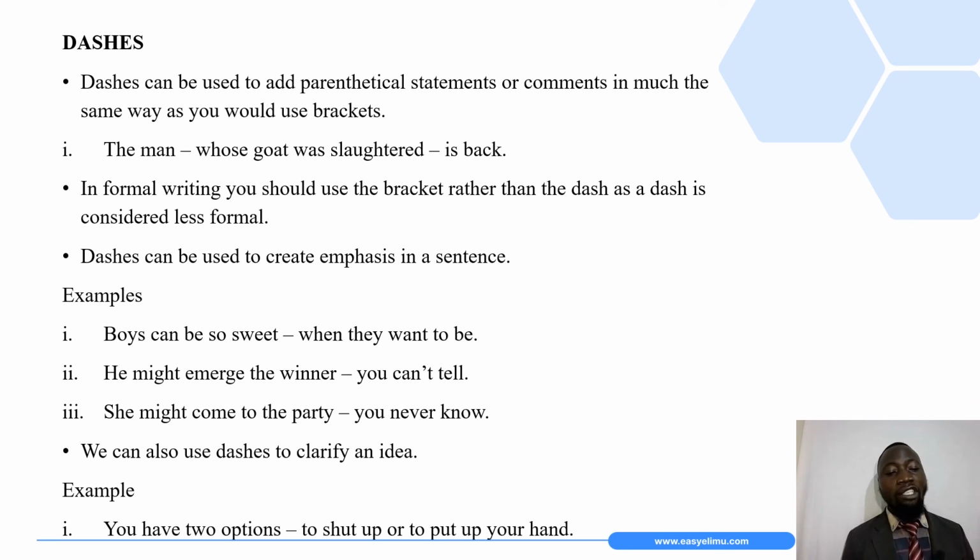I repeat, you have two options: to shut up or to put up your hand. The part of the sentence that is introduced using the dash is just a clarification. It points out the two options that are there.